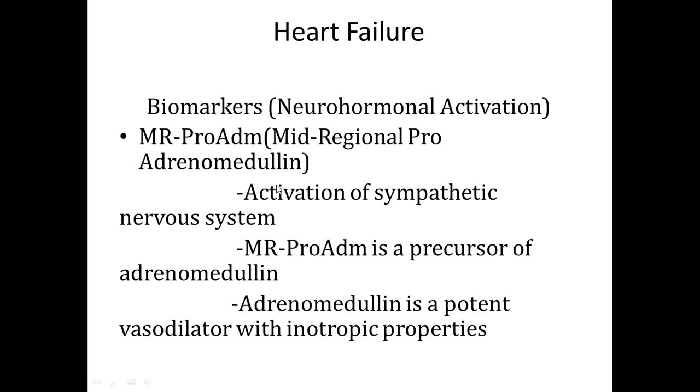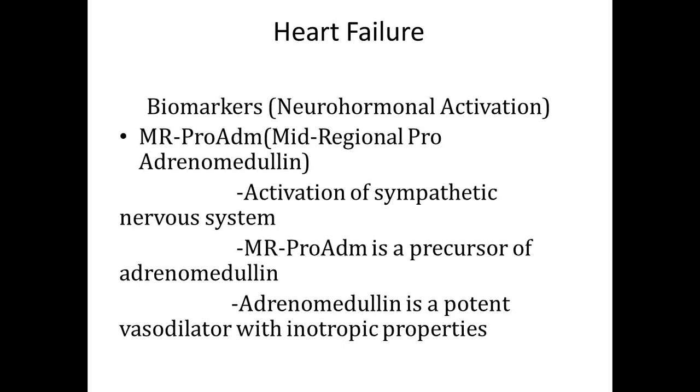Okay? So activation of the sympathetic nervous system, you get the production of this mid-regional pro-ADM, which is a precursor of adrenomedullin. Adrenomedullin does some good things. It causes vasodilatation, and it has inotropic properties, which, when we say inotropic properties, it causes the heart to increase its contractility, which is what you want.